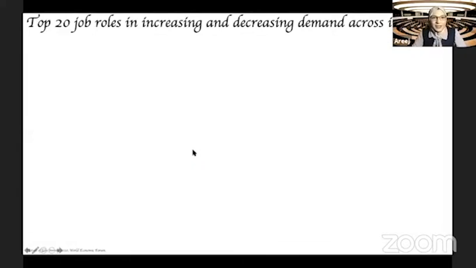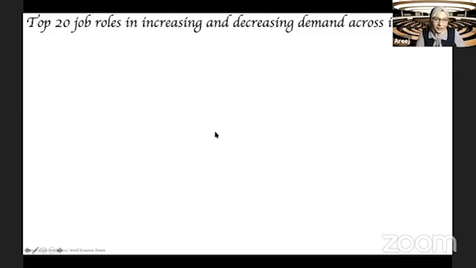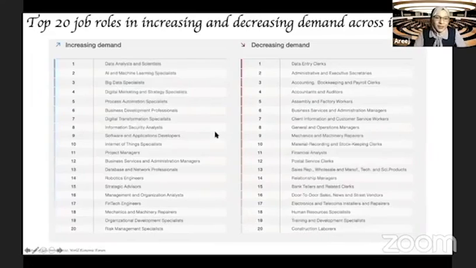They also presented the top 20 job roles coming in 2025. They said that there are some increasing demands in jobs and some decreasing demands in jobs. If you notice the increasing demands, it's all about the use of technology again. So technology is playing a very important role.